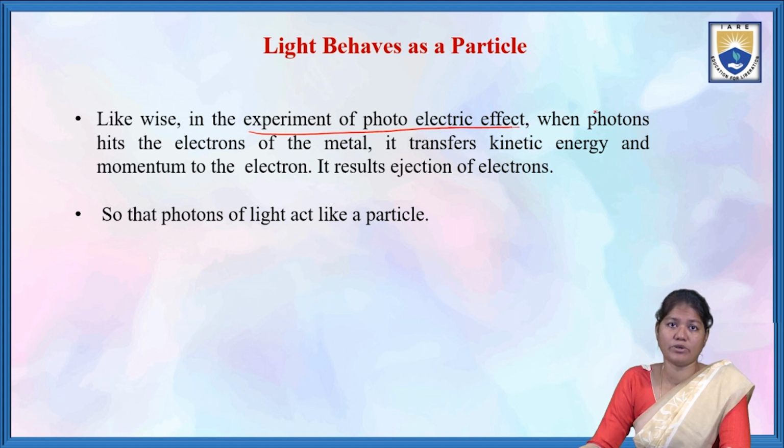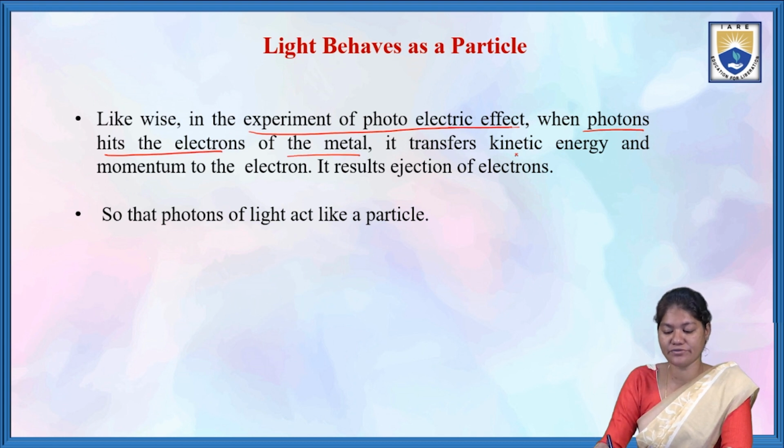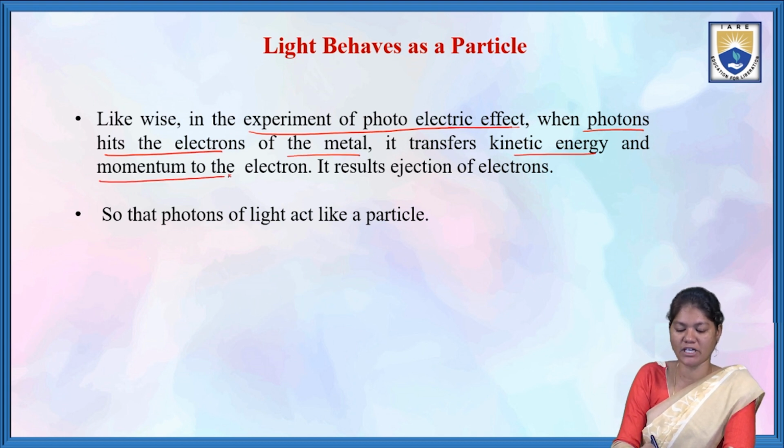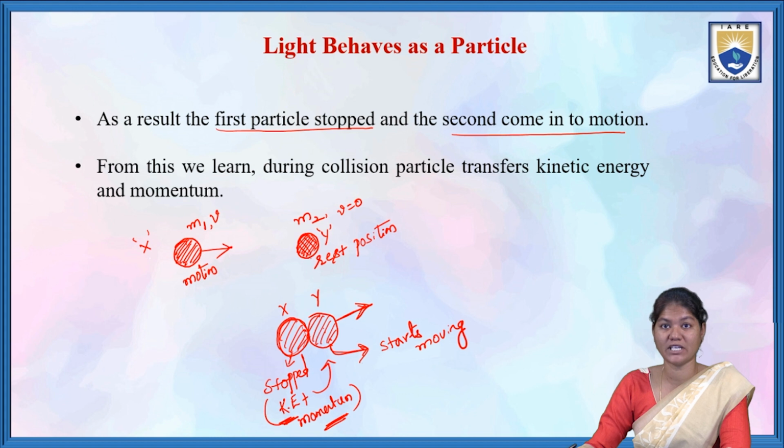In that experiment, when photons hit the electrons of the metal, they transfer kinetic energy and momentum to the electron, just like the particles in the previous slide.